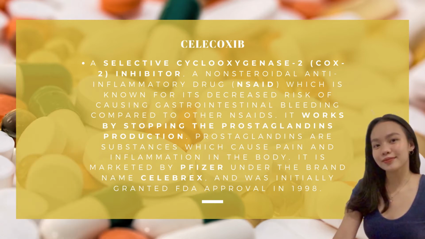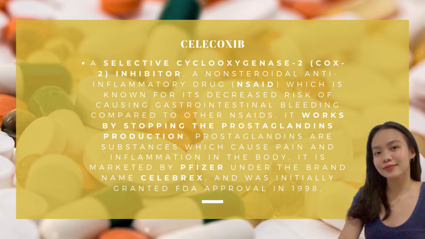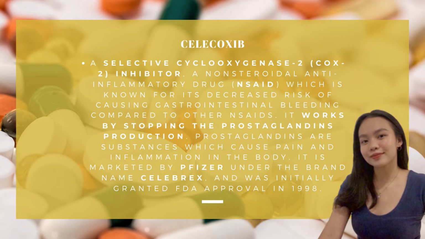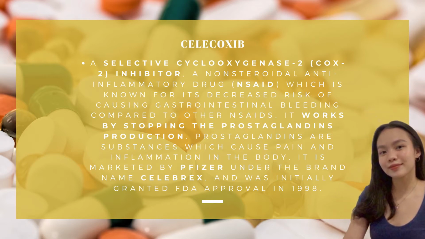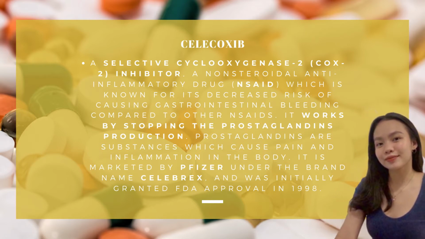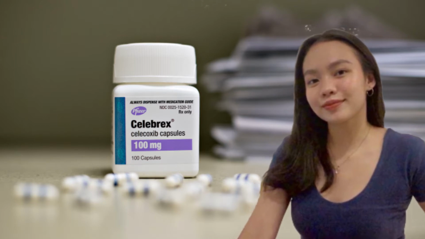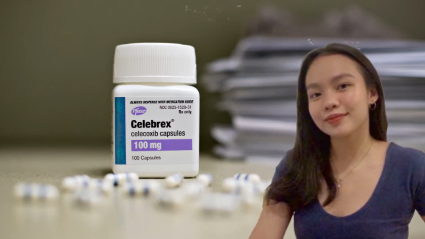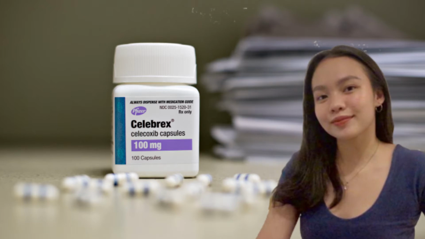It works by stopping the production of prostaglandins. Prostaglandins are substances which cause pain and inflammation in the body. It is marketed by Pfizer under the brand name Celebrex and was initially granted FDA approval in 1998.